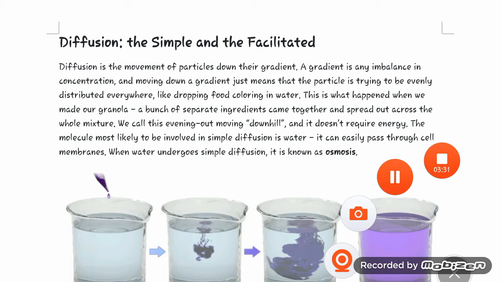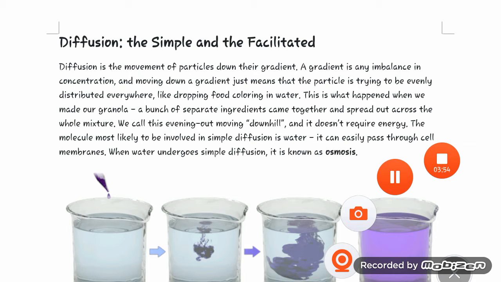This is what happened when we made our granola: a bunch of separate ingredients come together and spread across the whole mixture. We can call this evening out, or moving downhill, and it does not require energy.